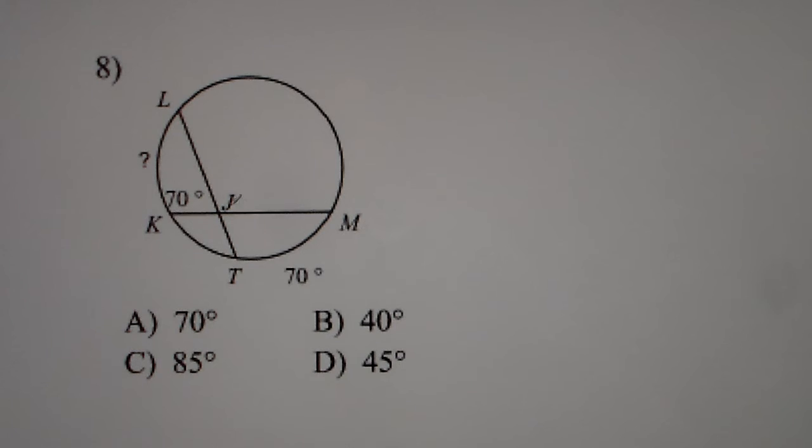Look at number 8. The orange section here is 70 degrees. The red section here is 70 degrees also. The red arc. And this blue arc, the question mark, LK, is the other arc. So we do the same process that we've been doing.